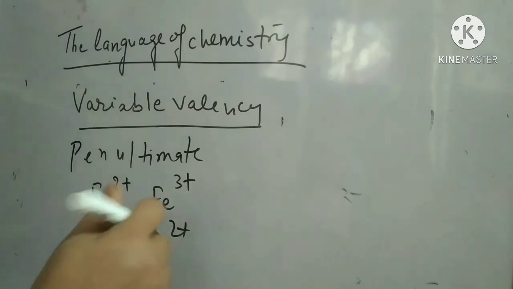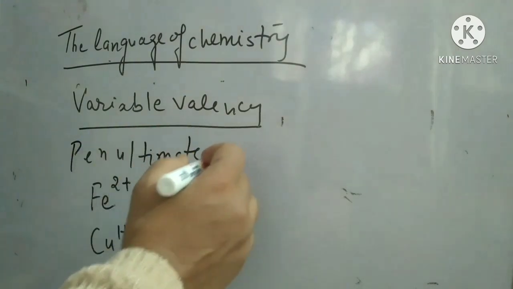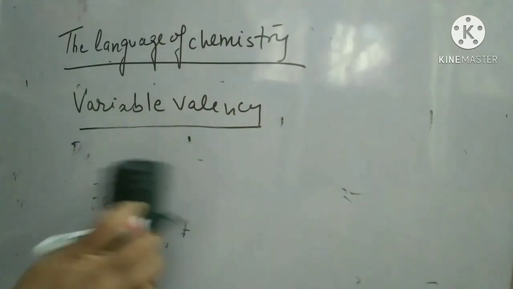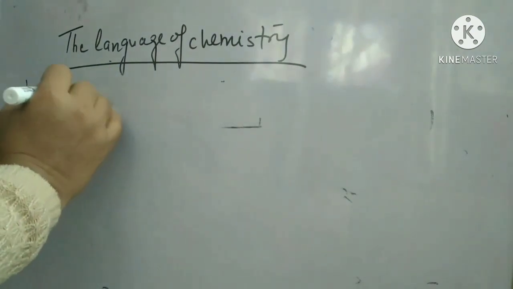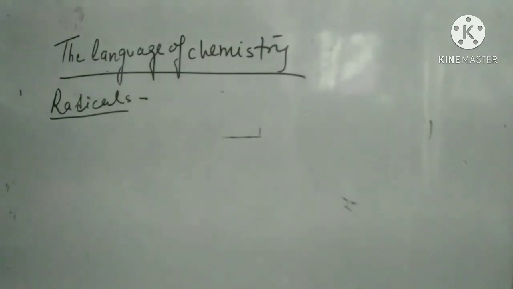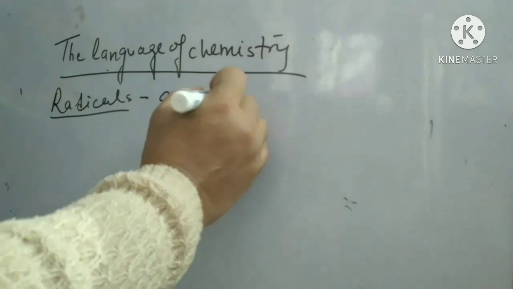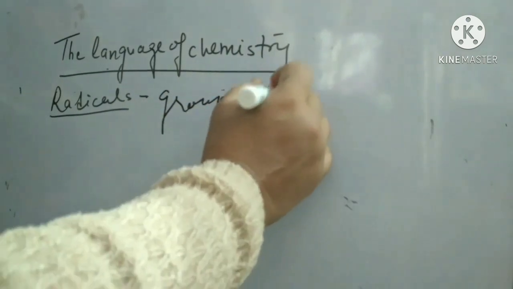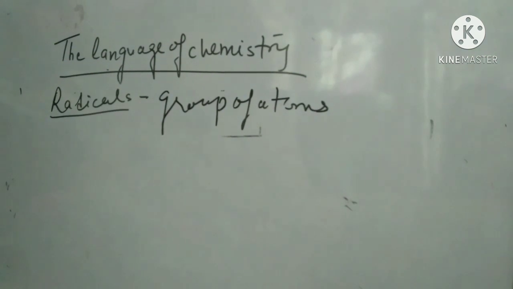Now, after this, the topic radicals. Now, what is radical? A radical is a group of atoms of elements that behaves like a single unit and shows a valency.